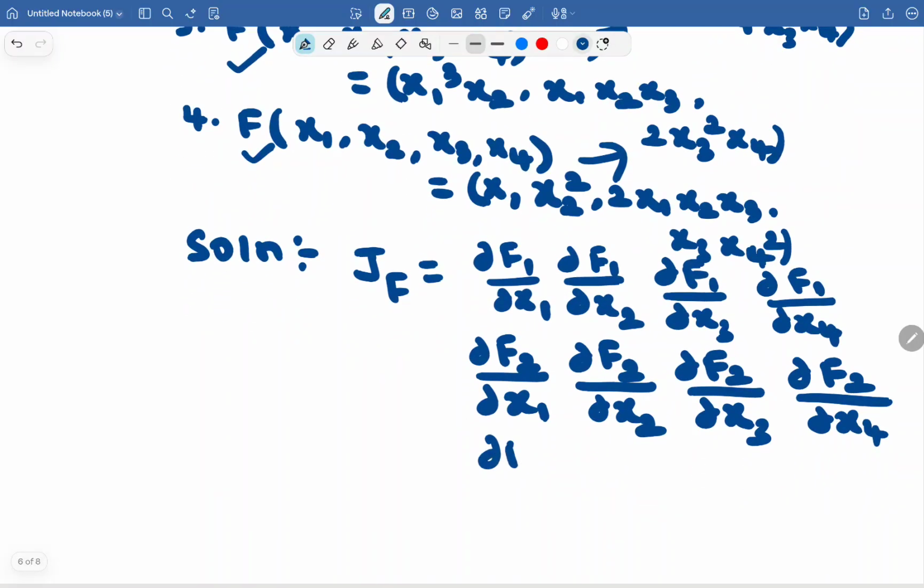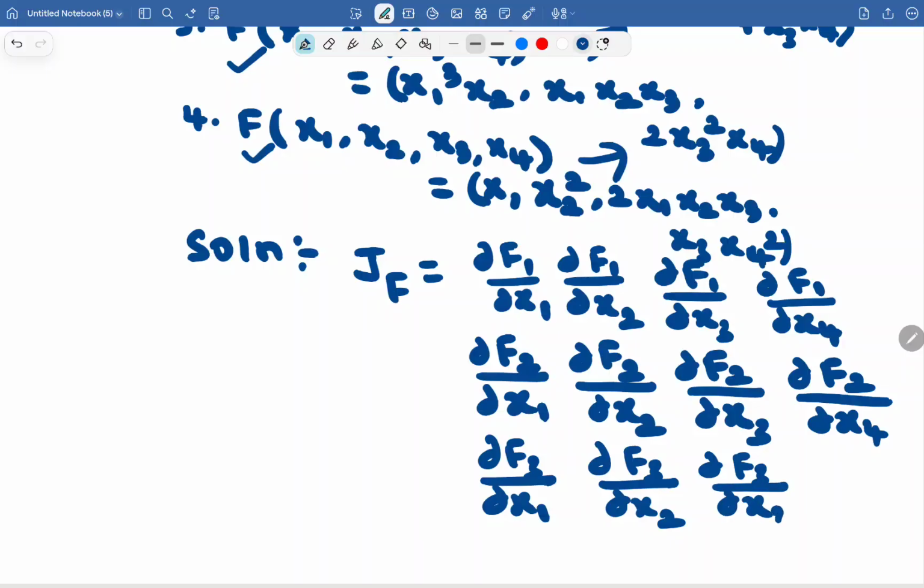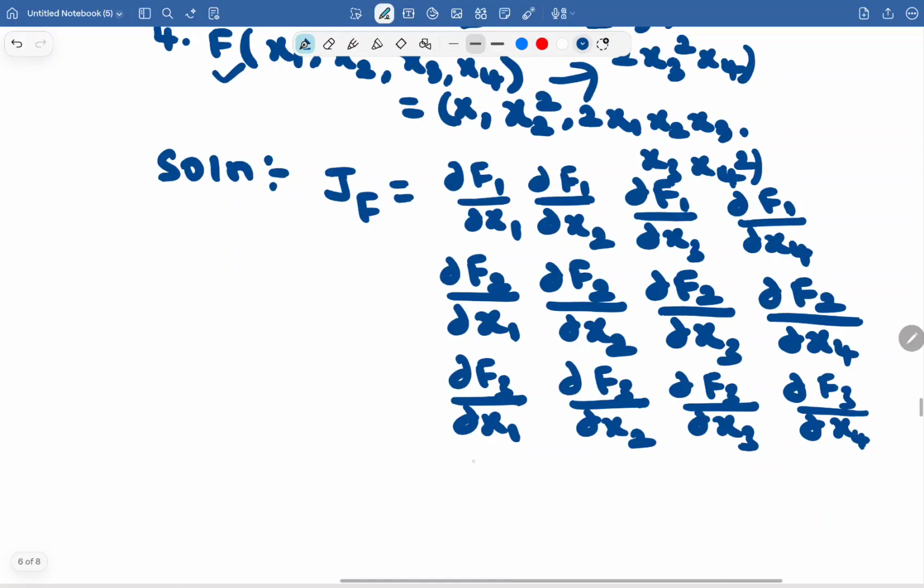Third row, dou f3 by dou x1, dou f3 by dou x2, dou f3 by dou x3, dou f3 by dou x4.